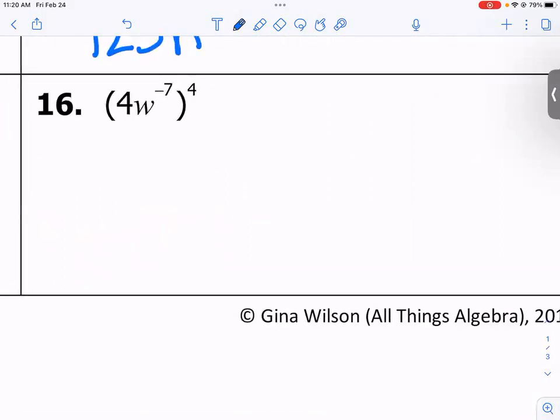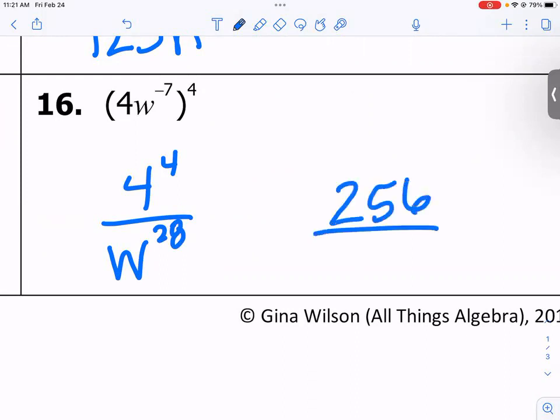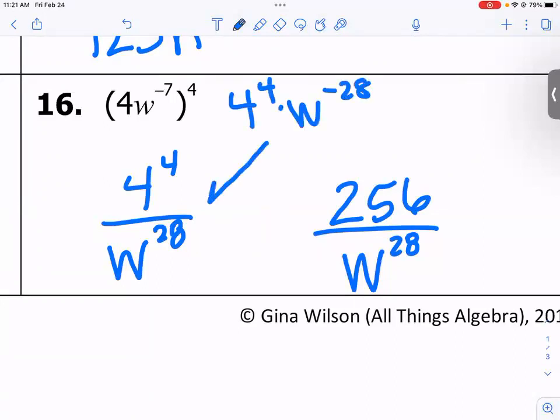Trent, you want to share your answer? 4 to the 4th power over w to the 28, yeah. You're good. Yeah, so I do want you to write this as 256 over w to the 28th. Okay. So we have 4 to the 4th times w to the -28.